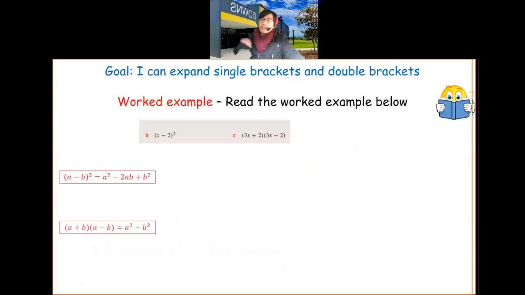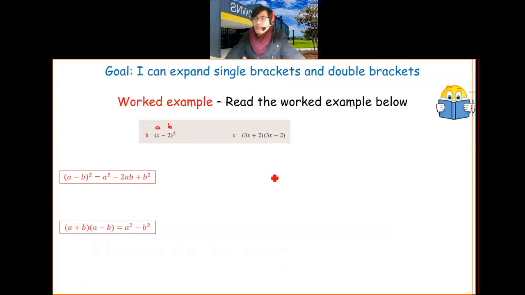All right, so I'm using the last two examples again. So first, I can see that it's x minus 2 all squared. So I'm going to use the a minus b all squared rule, which says I have a squared minus 2ab plus b squared. So the x is going to be my a, and the 2 would be my b.